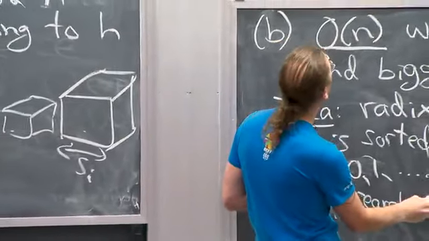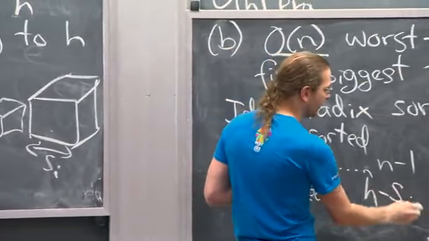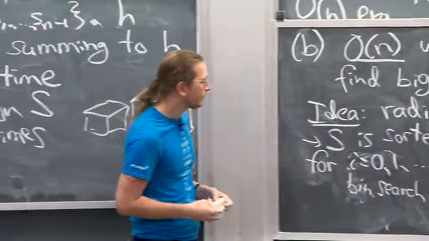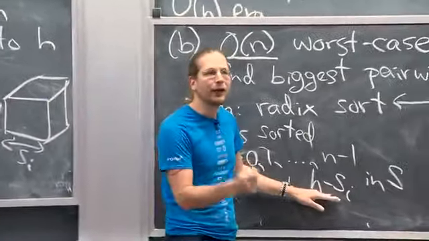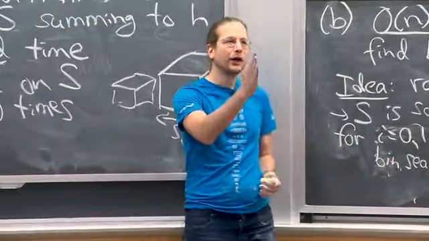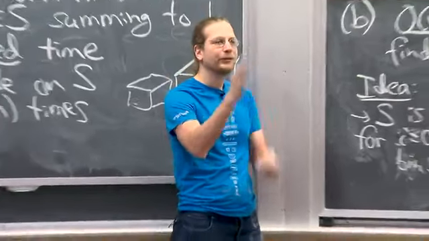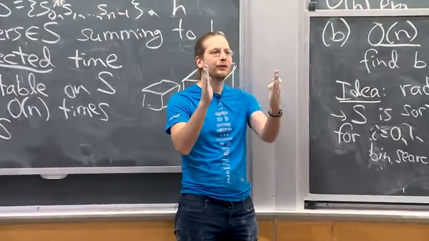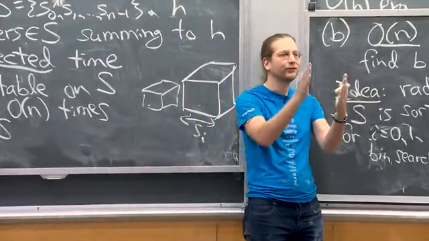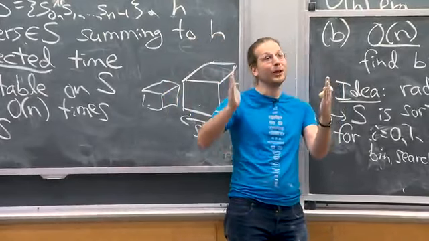So I'm binary searching for H minus Si in S. So I could certainly do that. And if I find it, great, I found a pair that sums to exactly H. If I don't find it, binary search tells me not only that it's not there, but it tells me what the previous and next value are. So even though H minus Si isn't there, I can get the next largest thing and the next smallest thing. What I want is the next smallest thing.